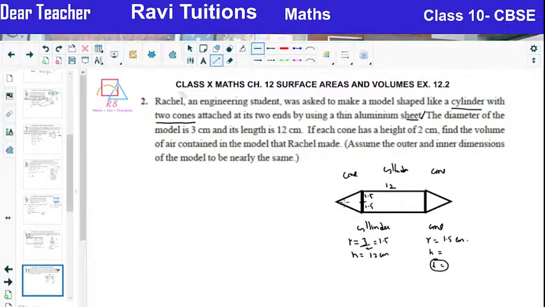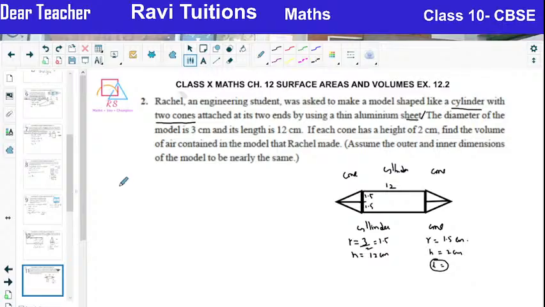Let me draw the cone's height. This is 2 centimeters, and this is 2 centimeters. So each height is 2 centimeters. There are two cones. So now we have got all the measurements.